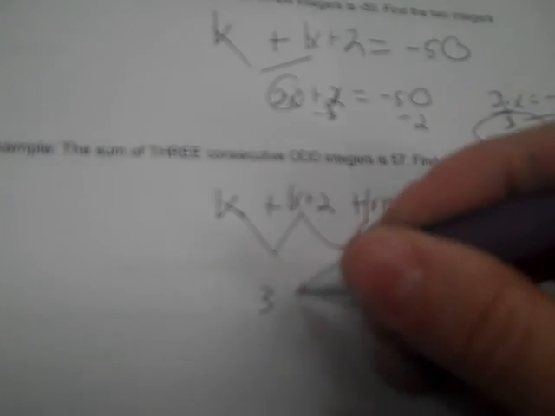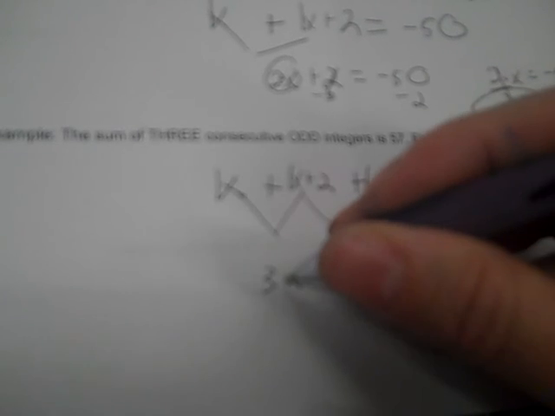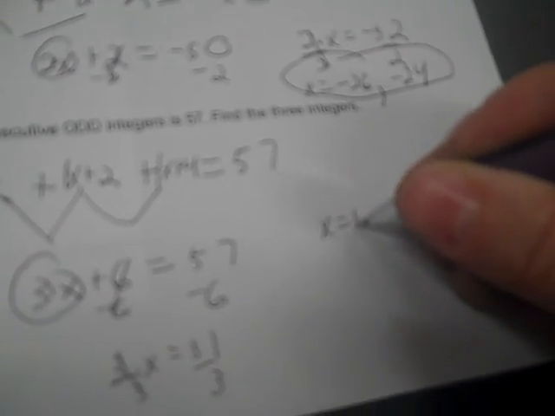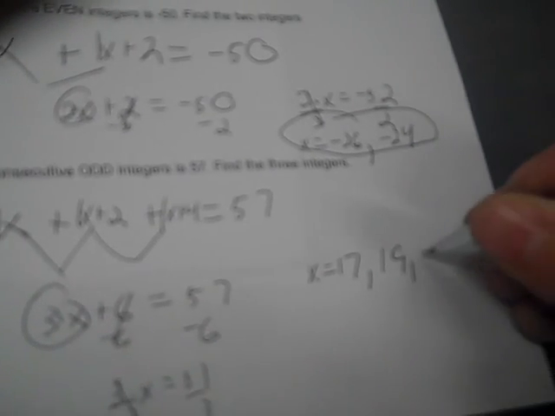So V those up and add them. You got 3x, but then you got to add the 2 and the 4 to get 6, and then solve away. So it's 51. Divide by 3, and you get 17, okay? Now the next odd one, now you're in the positive, so you can think this way. Next odd one would be 19. The next one would be 21.